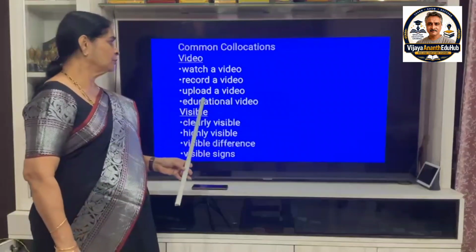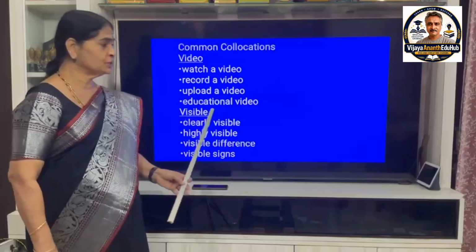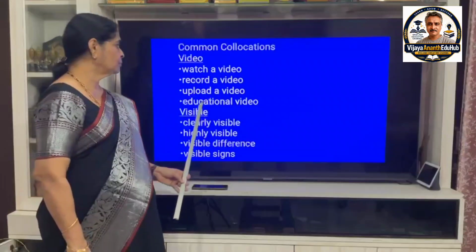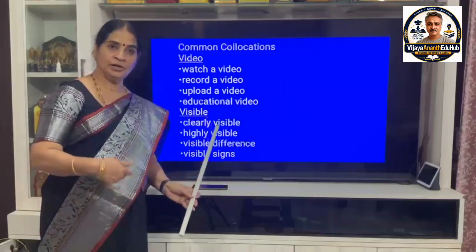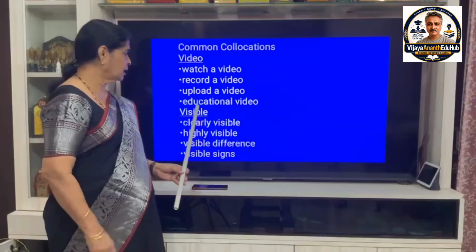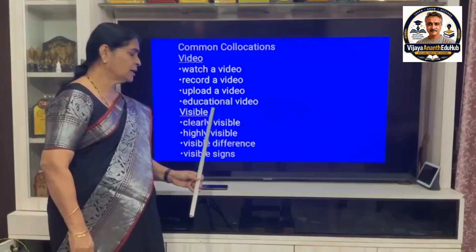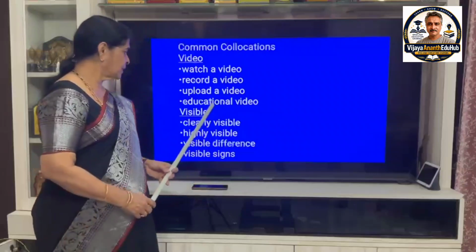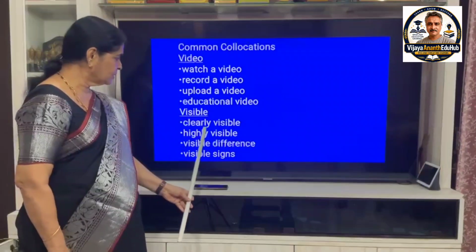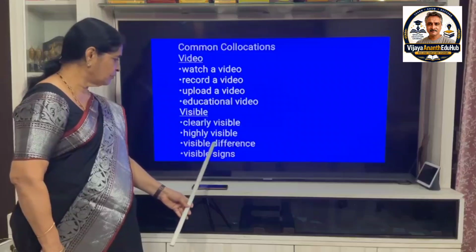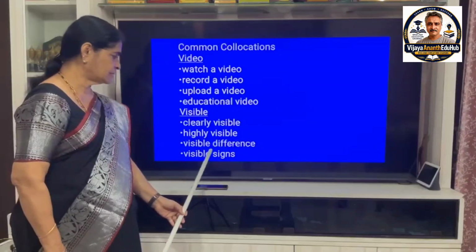For video, these are the collocations: watch a video, record a video, upload a video, or educational video. It's an adjective, and these are verbs. Visible: clearly visible, highly visible, visible difference, visible signs.